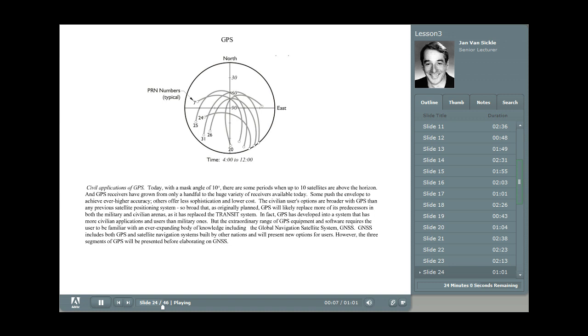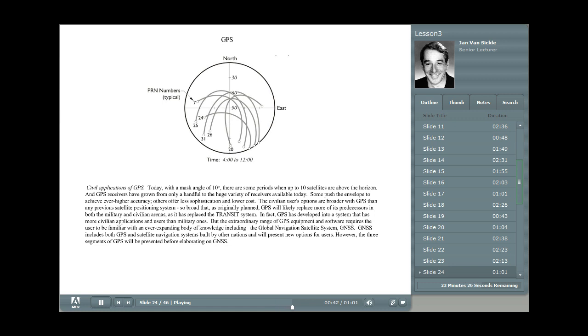Continuing on with the civilian point of view, which of course is our primary focus, today, with a mask angle of 10 degrees, it's possible to have up to 10 satellites above the horizon. Of course, when we first started, we were very happy when we were able to have 4. So it's obvious that as time goes on, GPS has resulted in the cost of the receivers going down and their sophistication going up.